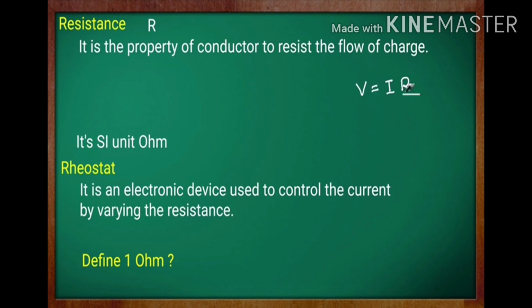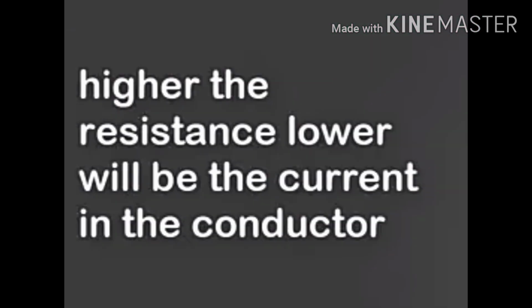Then we can send I to the denominator, and we get R is equal to V by I, that is potential difference by current, and the SI unit of resistance is ohm. By this we understood that the higher the resistance, the lower will be the current in the conductor.